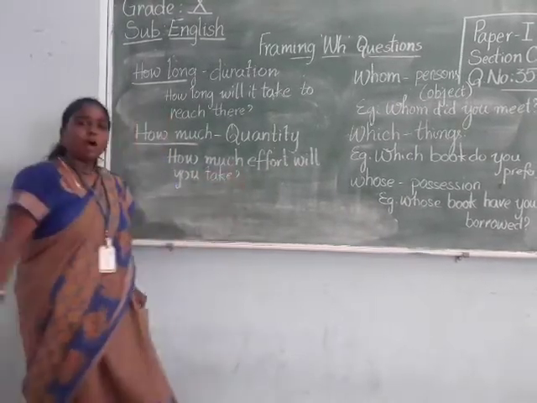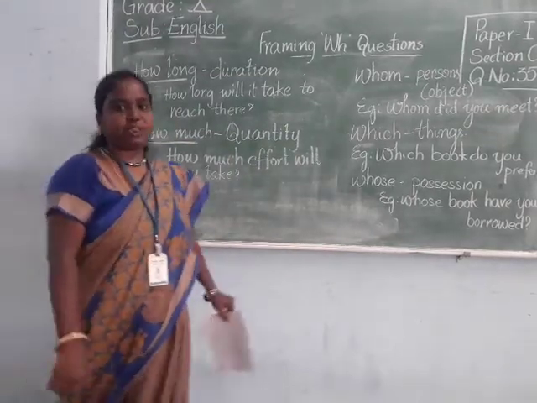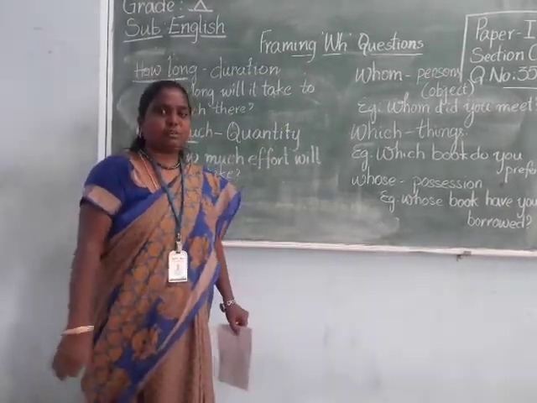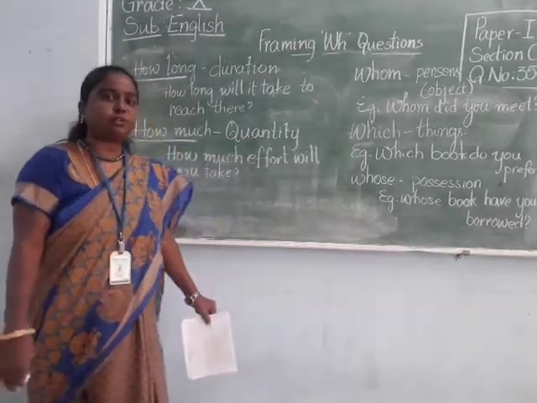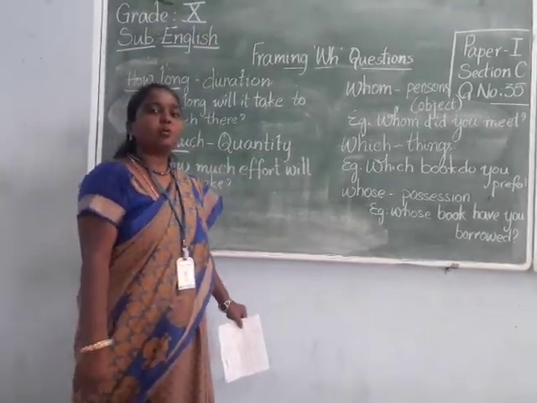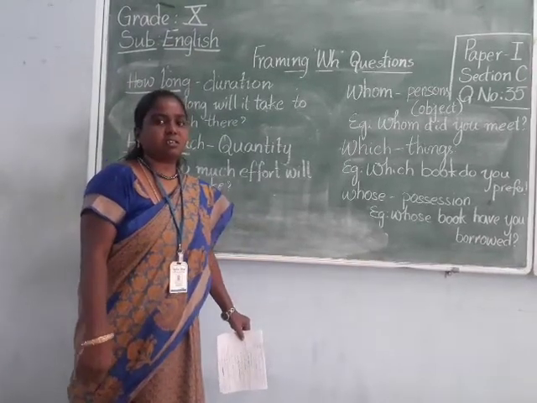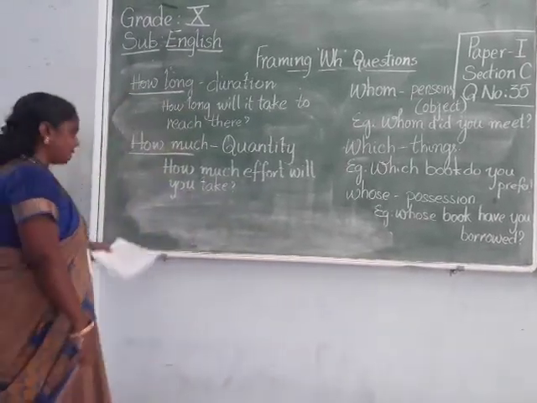Or how much sugar do you need? So that is the quantity of sugar. The shopkeeper is asking you. When you go to a shop and say that you want sugar, he will immediately ask how much sugar do you want? So he is asking about quantity.